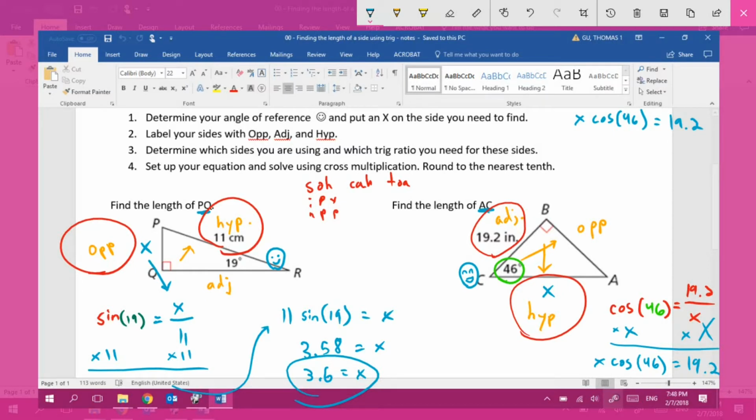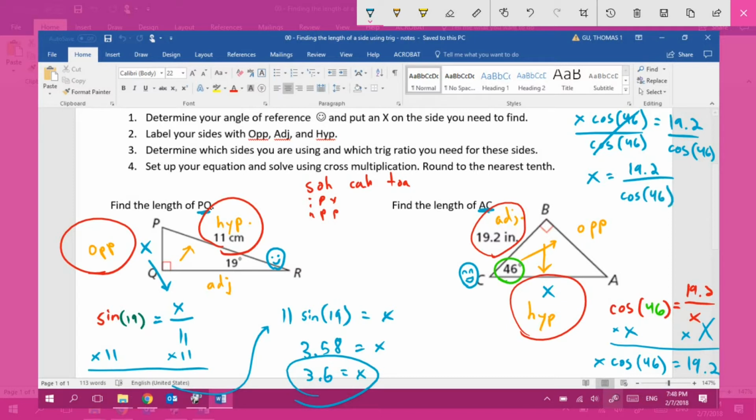All right, so I'm trying to get x by itself, but right here it says x times cosine of 46. So I'm going to divide both sides by cosine of 46 now. And that will cancel the cosine of 46 on the left side and leave me with x equals 19.2 over the cosine of 46.